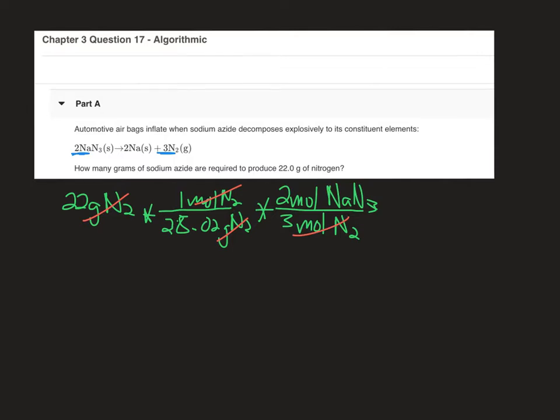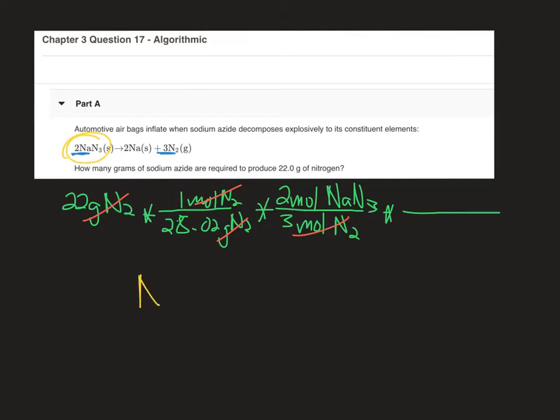Now the next step is one that a lot of times students get to this point and they just start working and they forget to do the molar mass of what we want out of this.